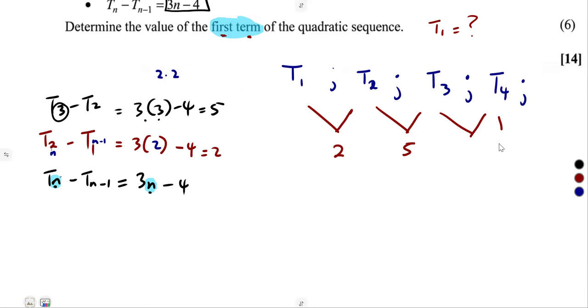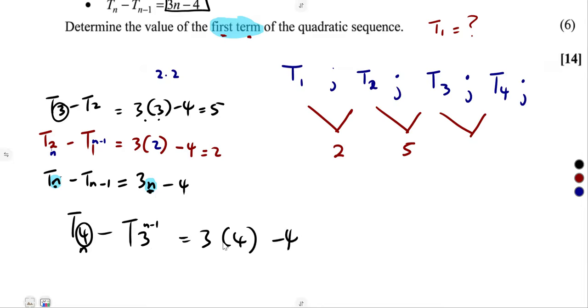The same for T4 minus T3. Our n is 4, so in place of n put a 4: 3 times 4 minus 4, that's 12 minus 4, which is 8.